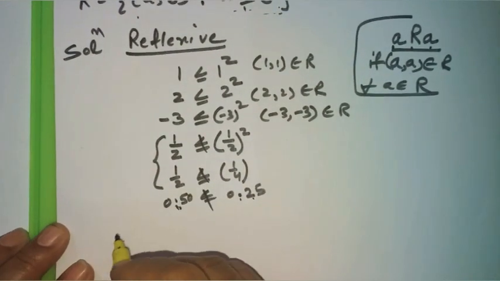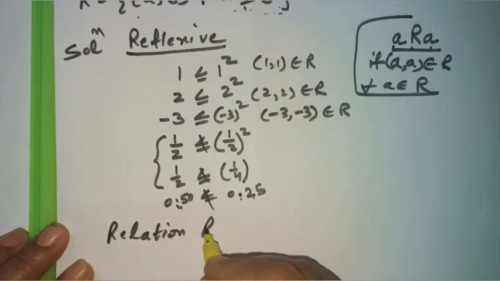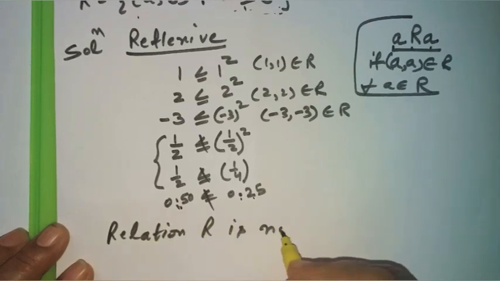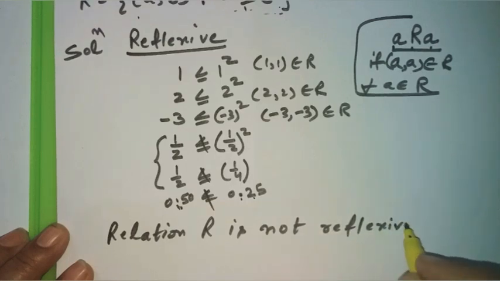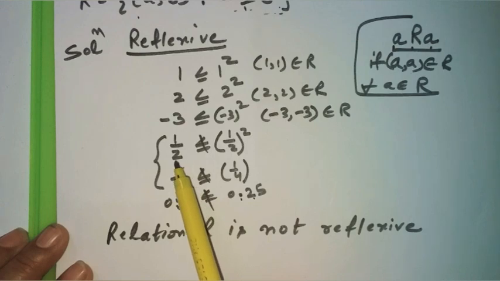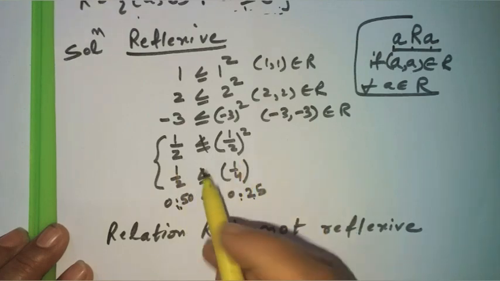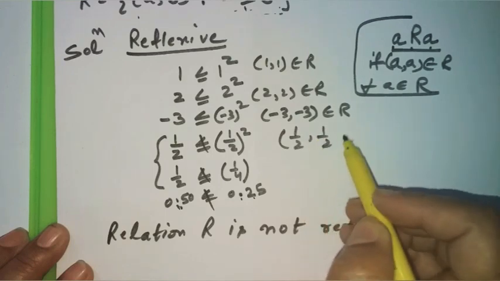So this example proves that the relation R is not reflexive, and many other examples also exist to disprove that the relation is reflexive. So what does it mean? It means that 1 by 2 is not related to itself.